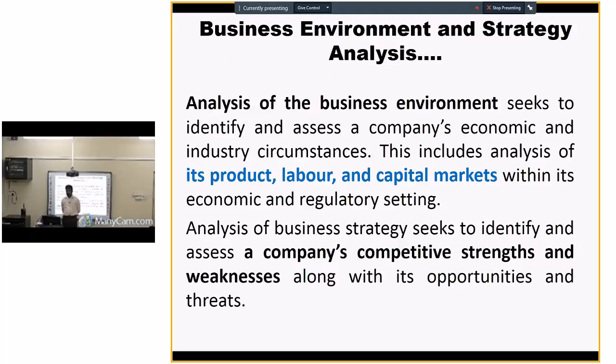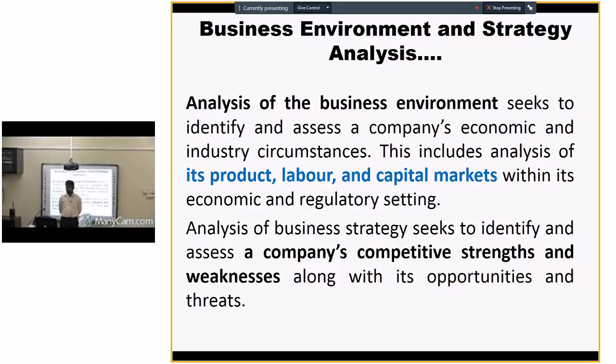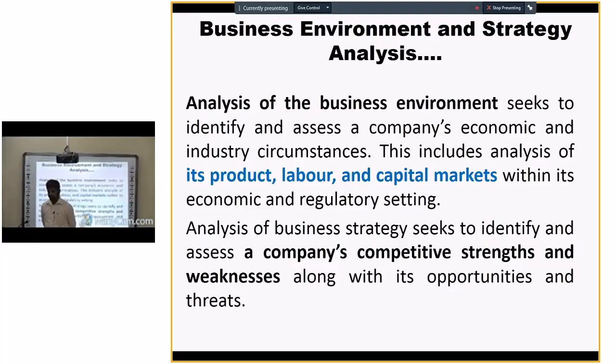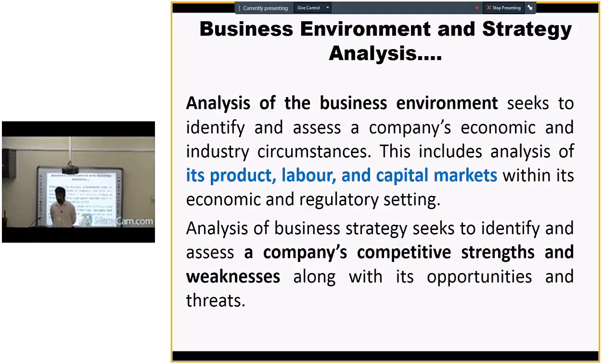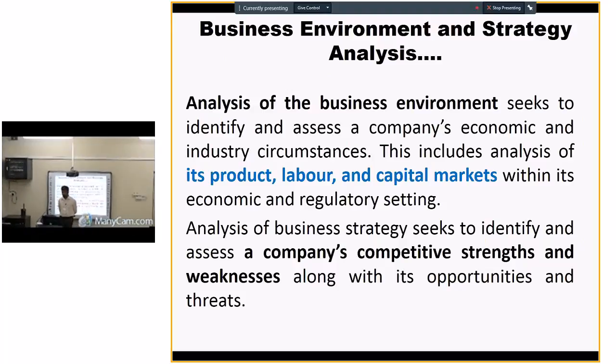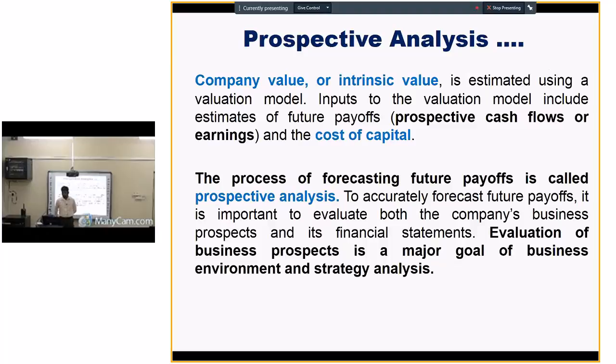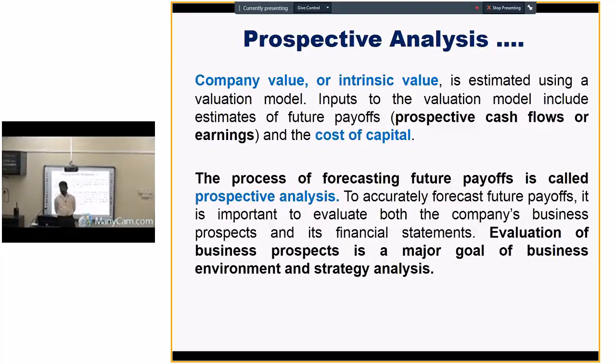Then if you move to the second part of this detail, analysis of business strategy seeks to identify and assess a company's competitive strengths and weaknesses along with its opportunities and threats, right? I skip some slides because you have detailed slides here. Next one, prospective analysis.